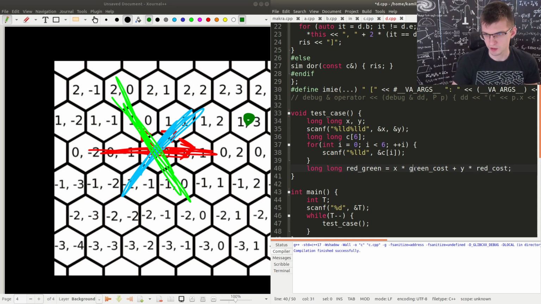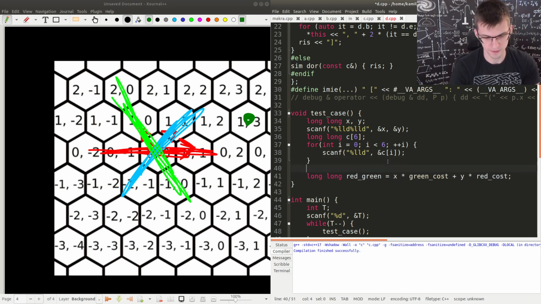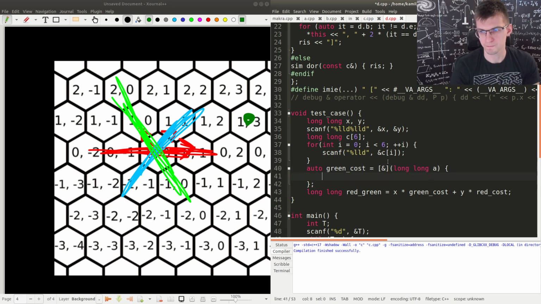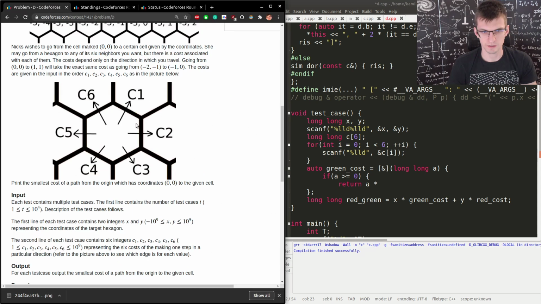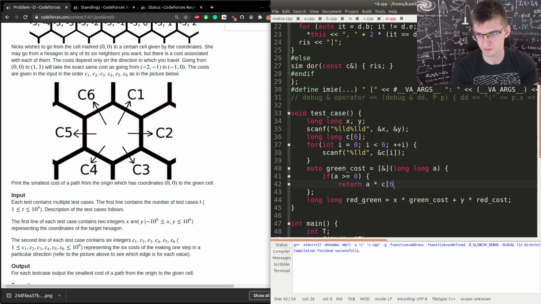But it isn't that simple. Green cost: if x is positive, then with green cost I need to take some value, otherwise some value. Let's create a function. Green cost. Let's call it A. If this, so if we go up, then C6. I think this will be more convenient to use the same numbering as they did. From 1 to 6.